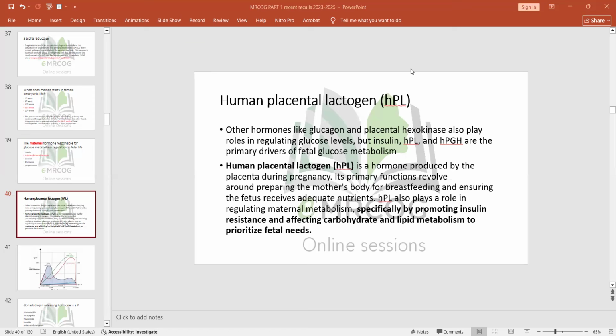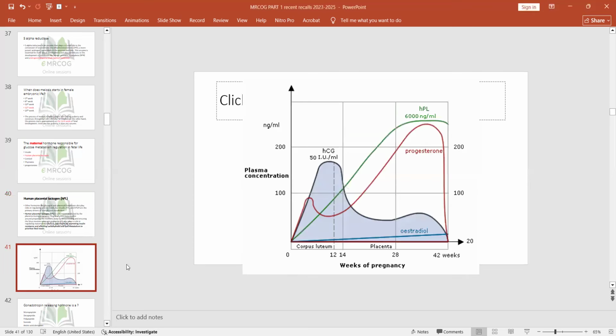Just reminded me of the human placental lactogen here. One of the years, by the way, they brought them a curve like this. Once it was for the ovarian cycle hormones, estrogen, progesterone, LH, and FSH, and they asked them, what is this? Which one is this?